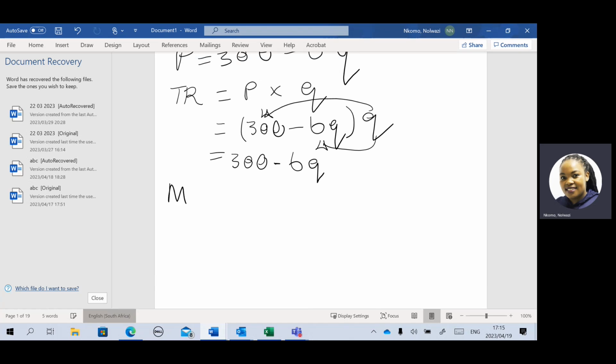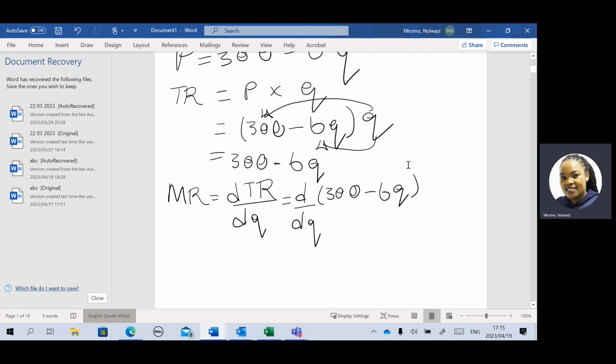From our previous section, we said marginal revenue is equal to the first derivative of the total revenue. Our total revenue is Q times 300 minus 6Q.